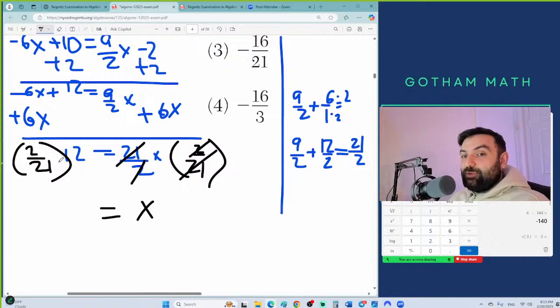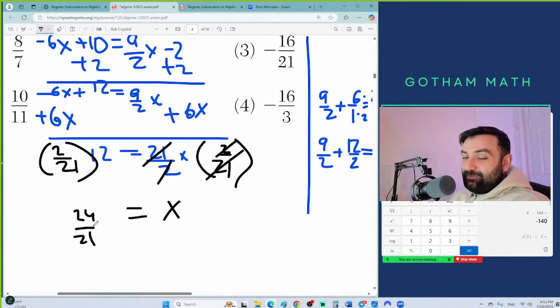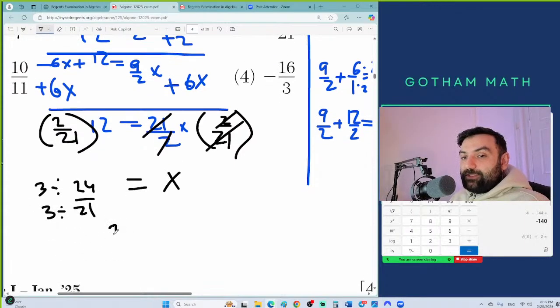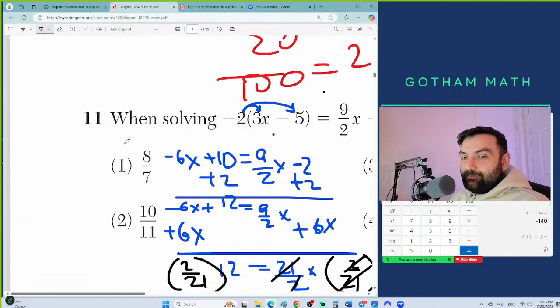It's going to be 2 over 21 times 12, which is 24 over 21. It's unsimplified, so we simplify it by reducing it by 3, which gives us 8 over 7. And that's already x, because it's 1.